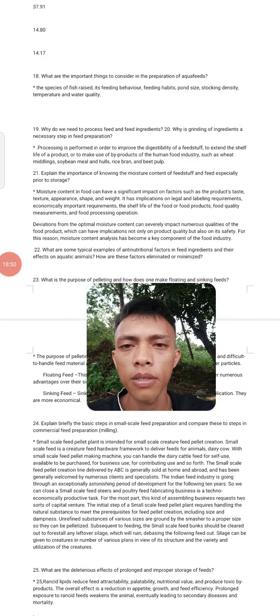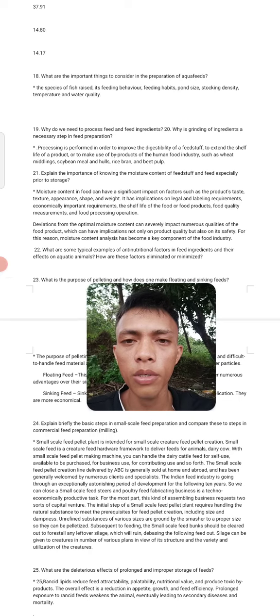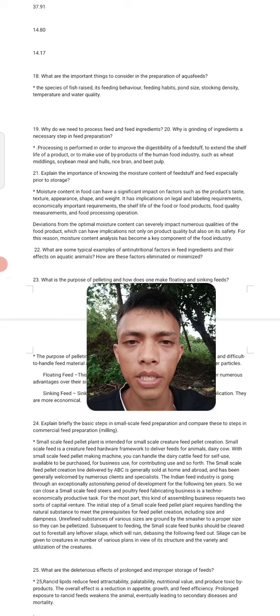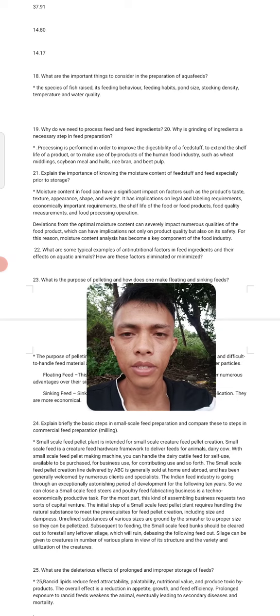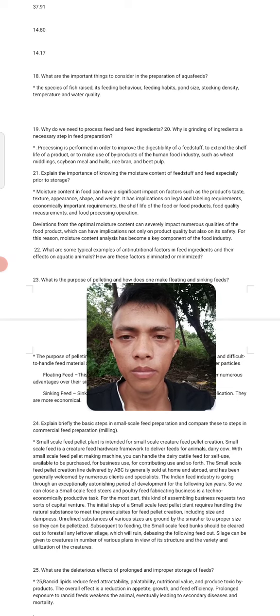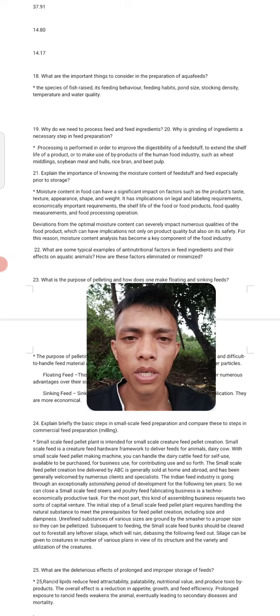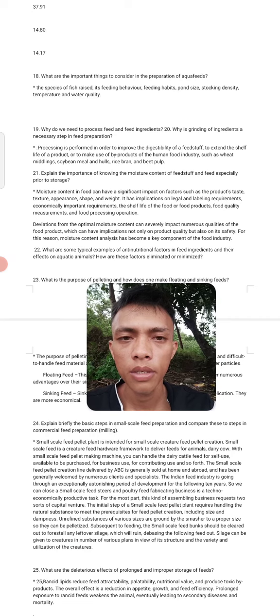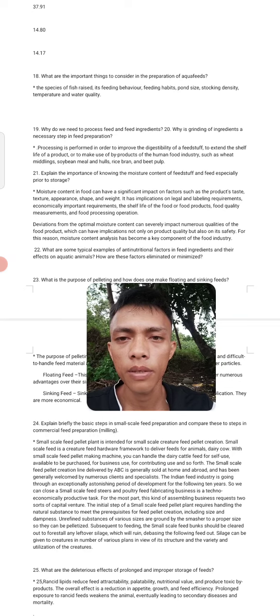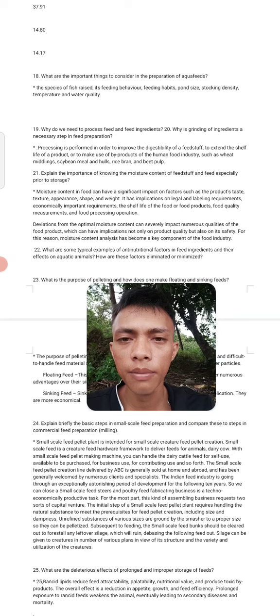The processing is performed in order to improve the digestibility of feedstuffs, to extend the shelf life of the product, and to make use of the by-products of the human food industry such as wheat milling, soybean meal and hulls, rice bran, and beet pulp.